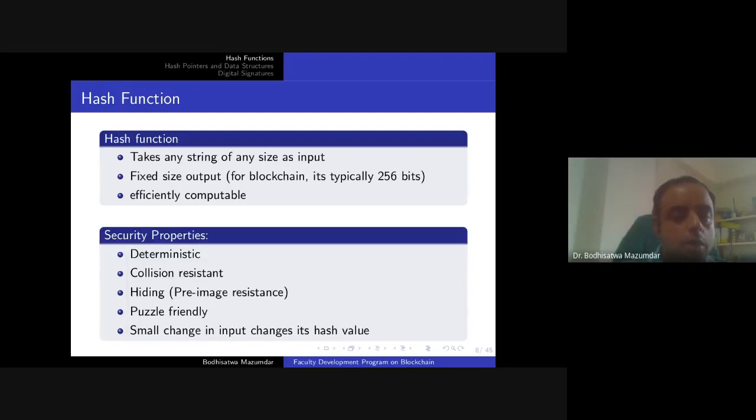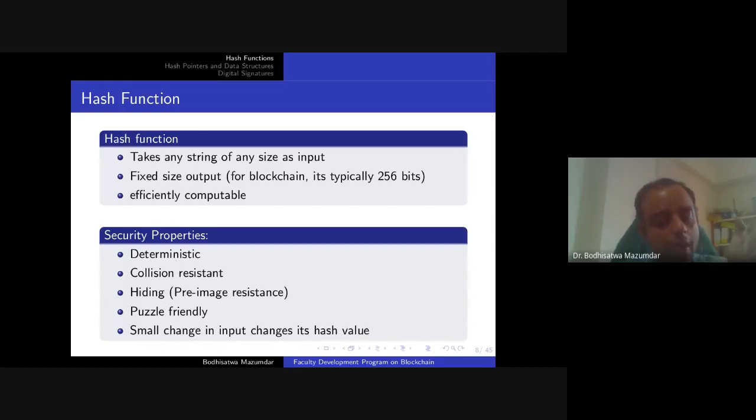Further, there are certain security properties that a hash function should satisfy. First, it should be deterministic. So what does deterministic mean? Deterministic means if I give the same input to a hash function, it should generate the same output.